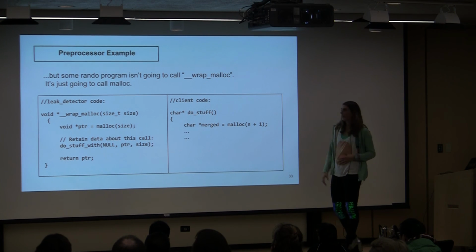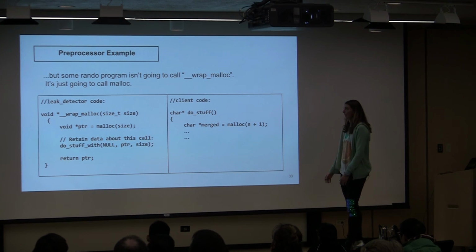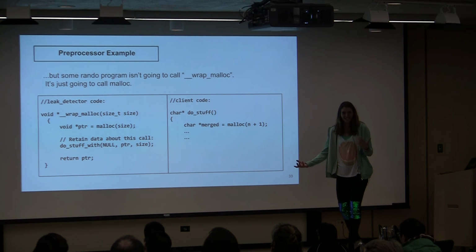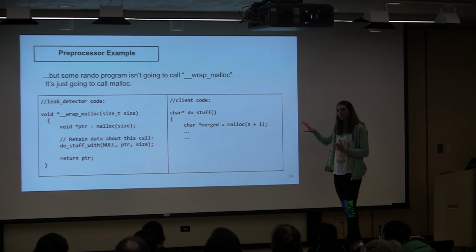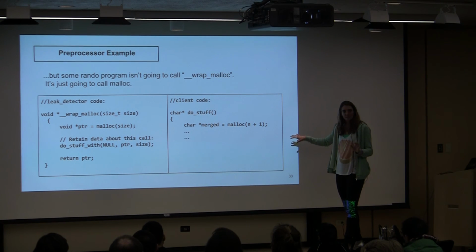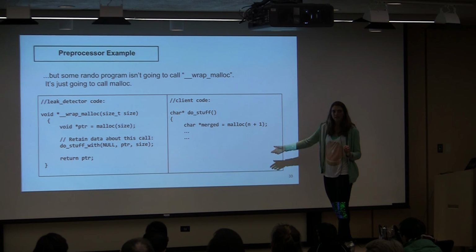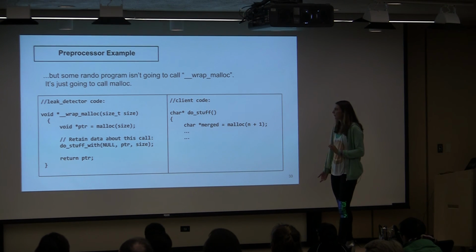But you may be thinking, why would a client go out of its way to call __wrap_malloc if it's already leaky code anyways, right? That's pretty ridiculous. We would like for the client to just be able to call malloc as they normally would, and then we'll handle this, and then we'll actually do wrap malloc.